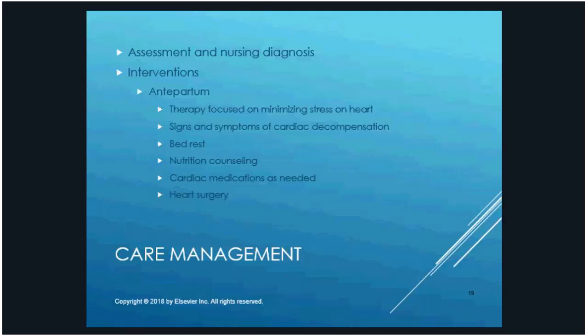Assessment, nursing diagnosis, and interventions while pregnant. Antepartum therapy focuses on minimizing stress on the heart, watching for signs and symptoms of any cardiac decompensation, bed rest, as well as nutritional counseling.